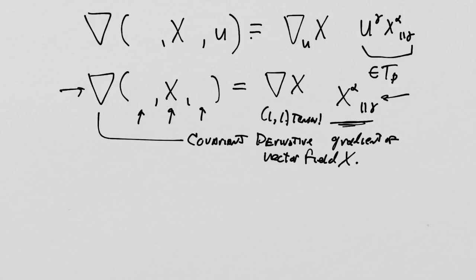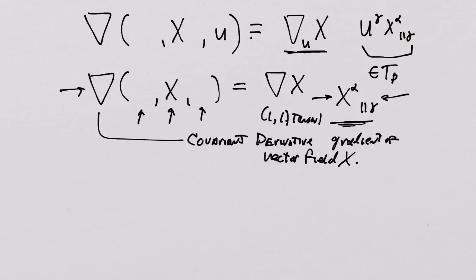And that's what we did, right? We called this the covariant derivative of the vector field x. This thing here needs its own name. If you look at it, you're taking the covariant derivative or the gradient of a vector field x. You've got this 1-1 tensor, and then you're checking out how it operates in a certain direction, and that direction is u, right?